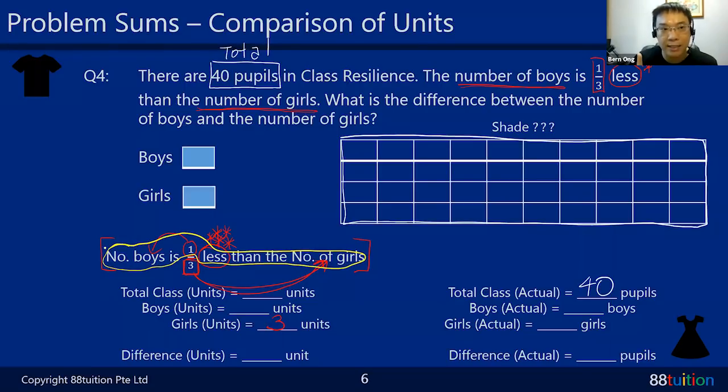Girls got 3 units. The number of boys is 1 less, means 3 must minus 1 to give you 2 units of boys. Can you see or not?